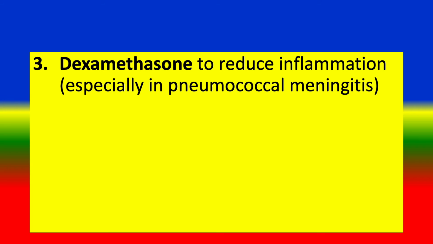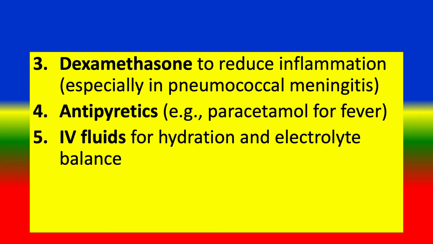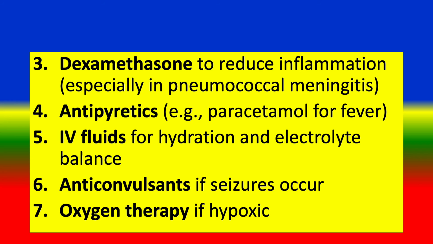Dexamethasone to reduce inflammation, especially in pneumococcal meningitis. 4. Antibiotics. 5. IV fluids for hydration and electrolyte balance. 6. Anticonvulsants if seizures occur. 7. Oxygen therapy if hypoxic.